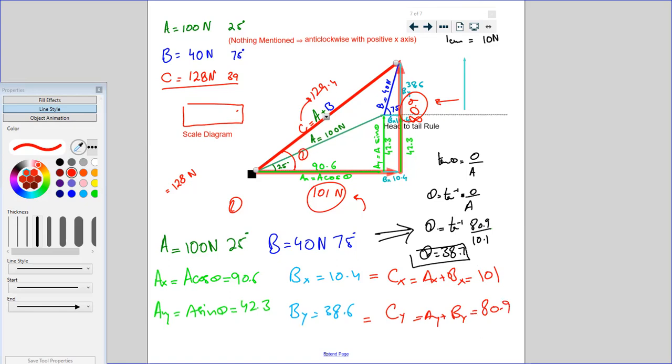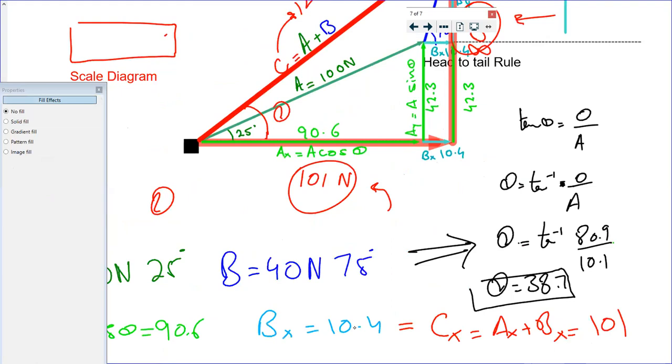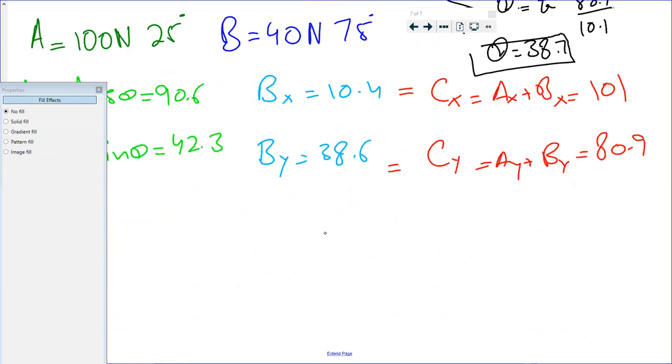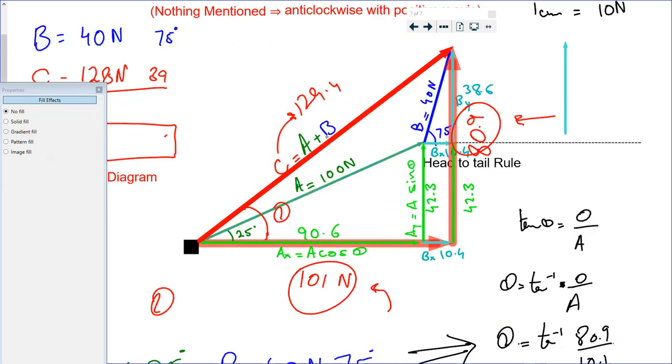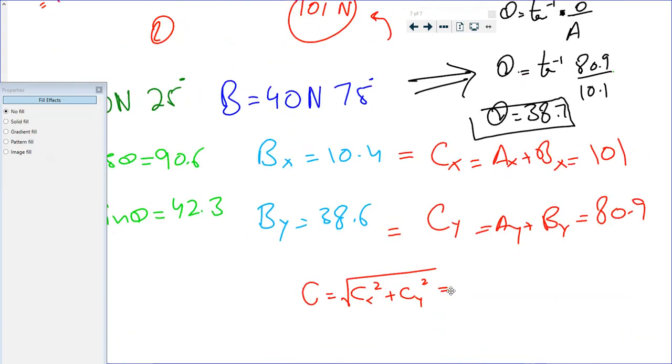Once we have the horizontal and vertical components, we can use the Pythagoras theorem to find the resultant. So the magnitude of C was the square root of Cx squared plus Cy squared. When we use that, we get an answer of 129.4.